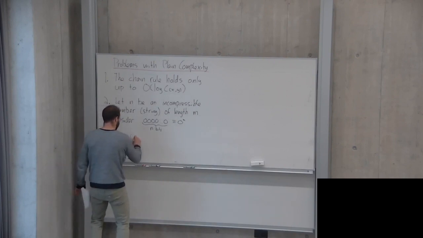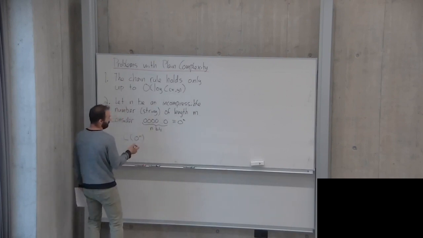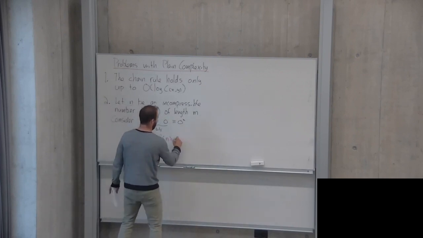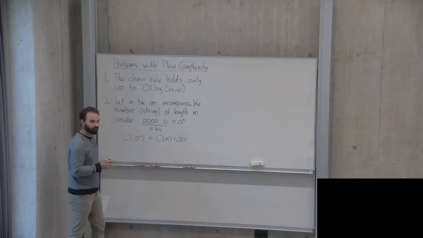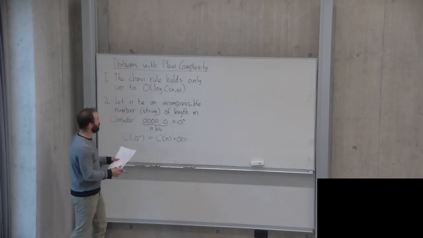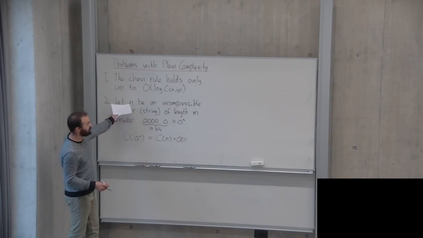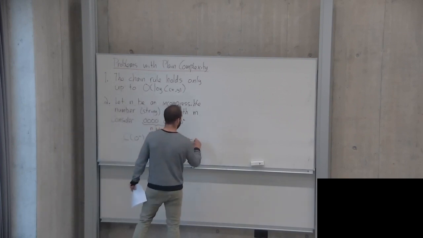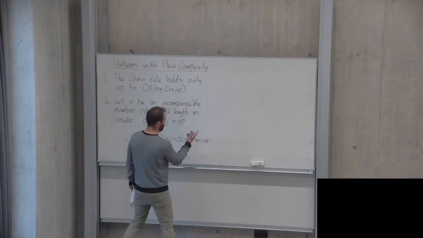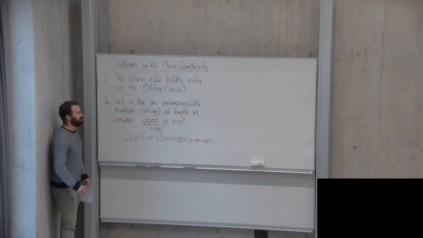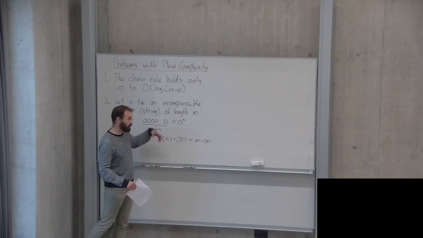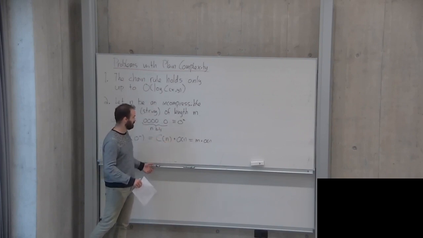So the complexity of 0^n, we can show that it's equal to the complexity of n, up to a constant, as usual. Which, since I have taken n to be a number that is incompressible, and a number that is of length m, means it's equal to m plus order of 1. This last equality just holds from the fact that the number n has length m, and I've chosen it to be incompressible.